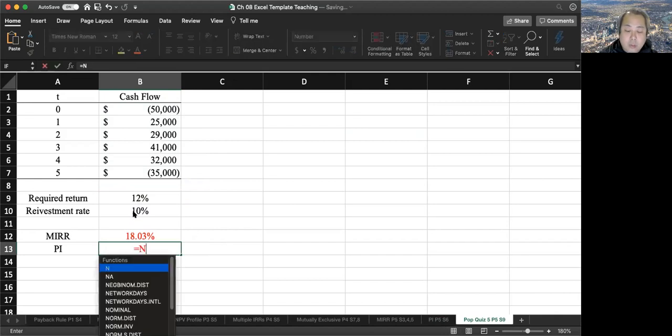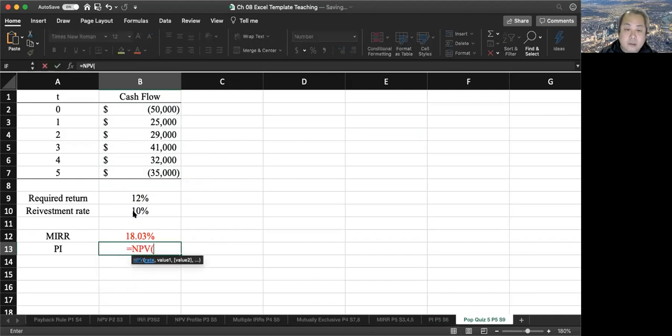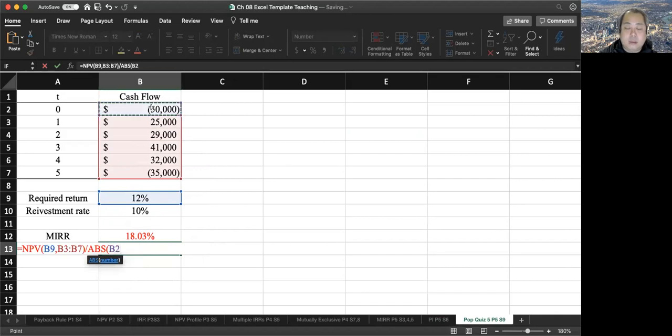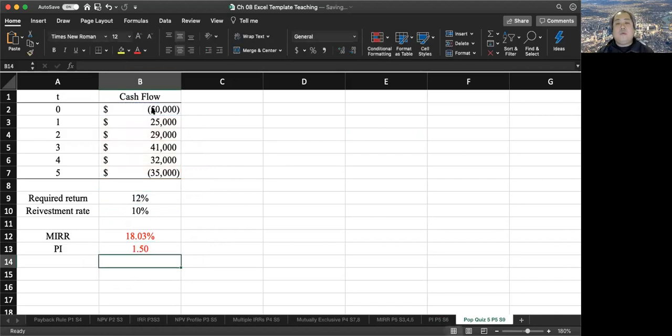For PI, the numerator is NPV at the rate of 12%, and 1 to the end, divided by the absolute value of the initial cash flow, 1.5. So these are the answers. Both give us the same decision, except.